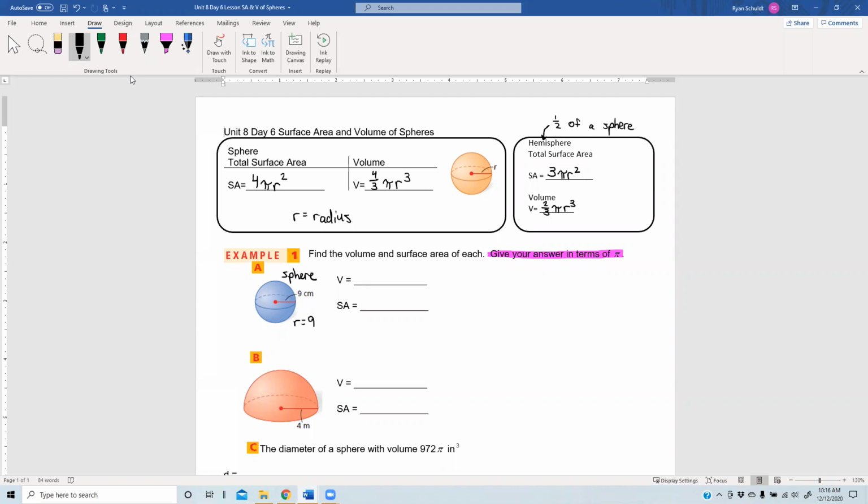For volume, it's 4/3 pi r cubed. So 4/3 pi times 9 to the 3rd power. We'll put everything in the calculator but the pi. In other words, we'll do 4/3 times 9 cubed. And this will give us 972 pi centimeters cubed. So that's our volume.